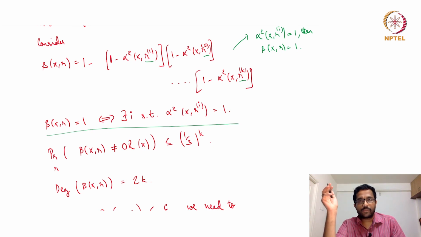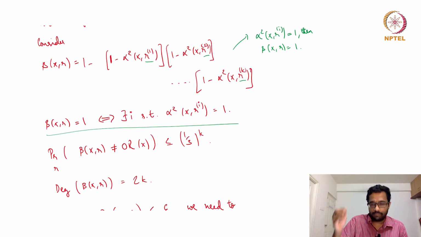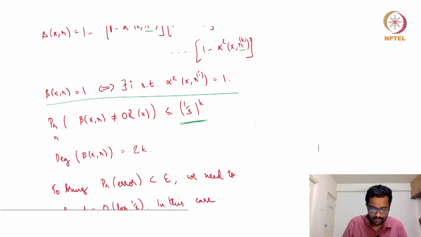So what is the probability of error in one trial or one alpha? It is 1/3. We saw that it is 1/3. So the probability of beta erring is at most 1/3 power k. So now you can see how the improvement is coming. And the degree is simply, alpha is of degree 2, and beta has k alphas multiplying, so beta's degree is 2k.